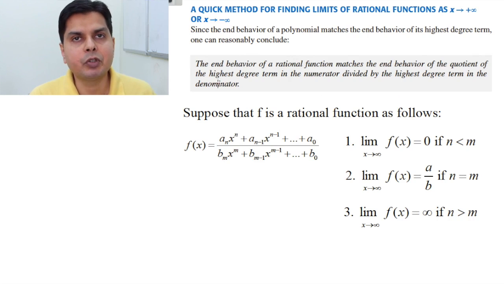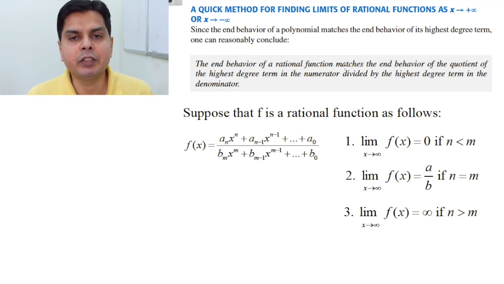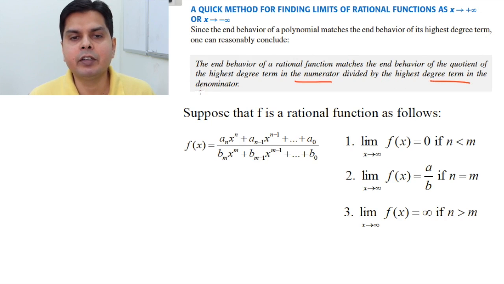Using the principle discussed in the last slide, there is a quick method for finding limits of rational functions as x tends to plus or minus infinity. This method says that the end behavior of a rational function matches the end behavior of the quotient of the highest degree term in the numerator divided by the highest degree term in the denominator. In the last slide I showed that as x tends to plus or minus infinity, the numerator polynomial will be dominated by the term an x to the power n, the highest degree term.